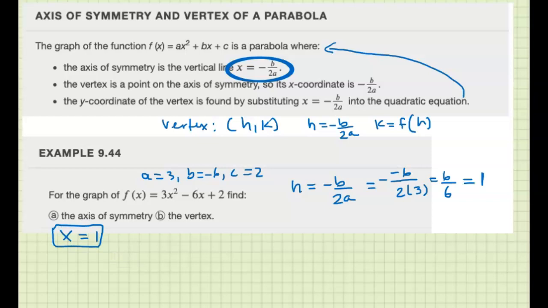Alright, now the vertex, the x value is 1. Basically these are always the same. To find the y value, we take this value of 1 and plug it into the function.